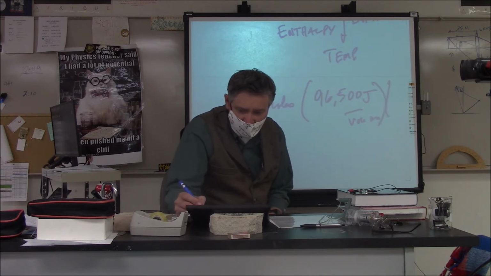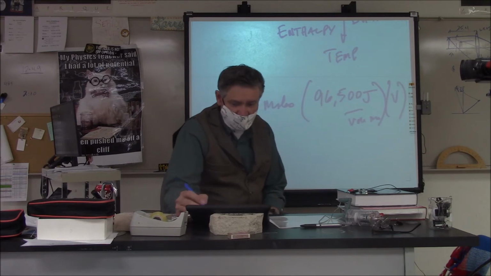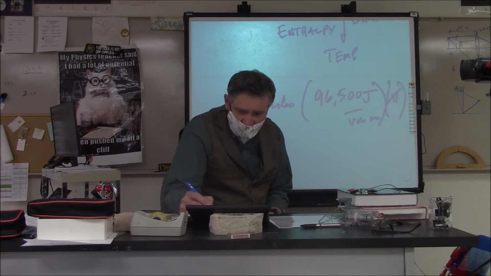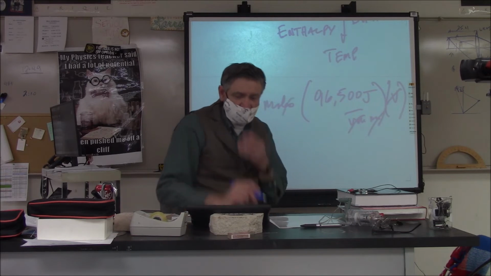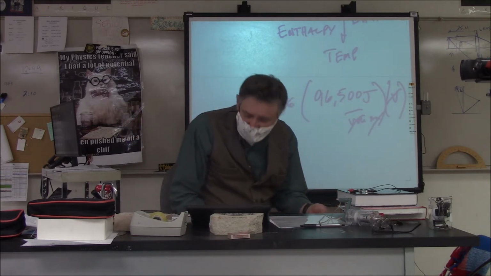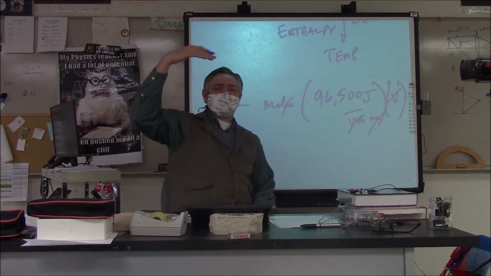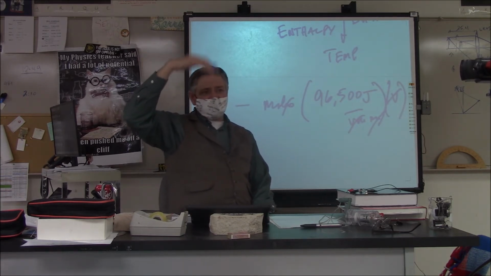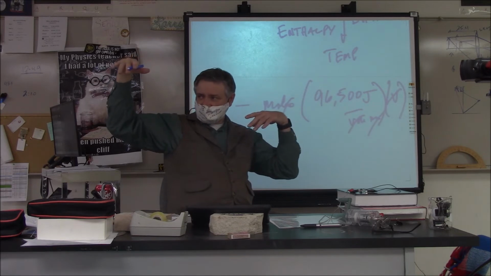And then you've got E naught, which is in volts. So basically, the volts cancel out, the moles cancel out, you're left with joules, voila, that's why it works, okay? That's why you can't have it in terms of coulombs per mole, because then you don't get the right units to work out at the end.